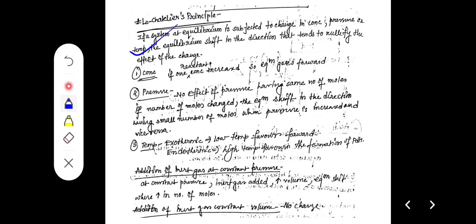The change can be in concentration, pressure or temperature; due to Le Chatelier's principle, the equilibrium always tries to nullify or minimize these changes.